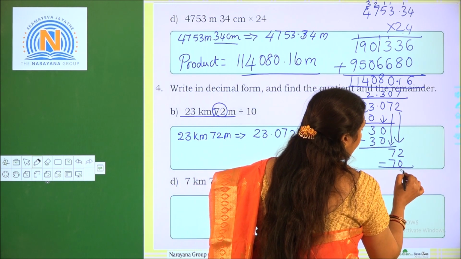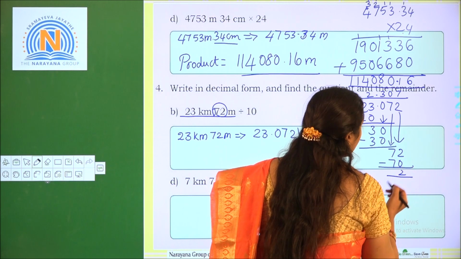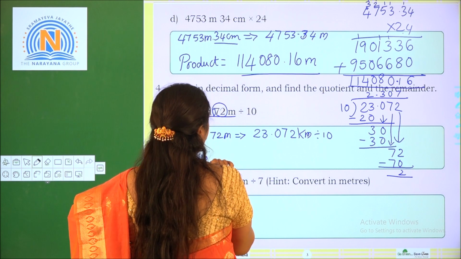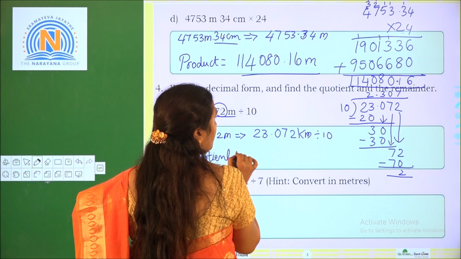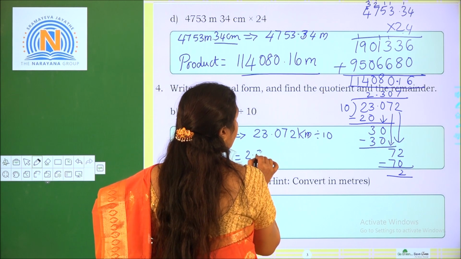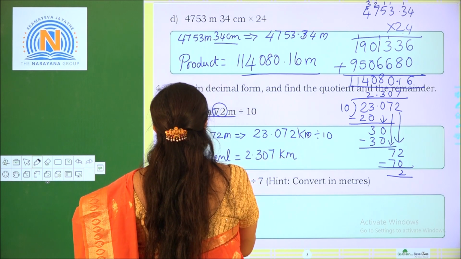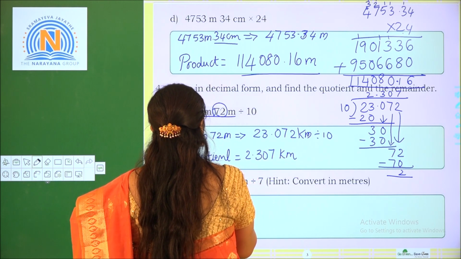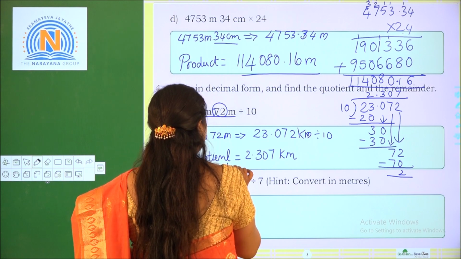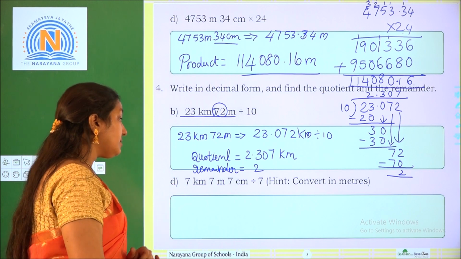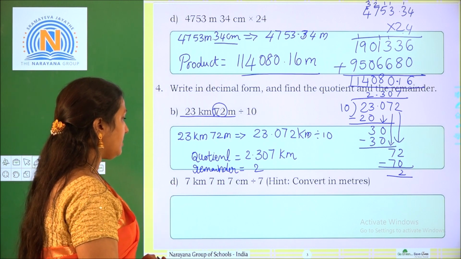Now 2 minus 0 is 2, 7 minus 0 is 7. So the quotient is 2.307 kilometers and the remainder is 2.